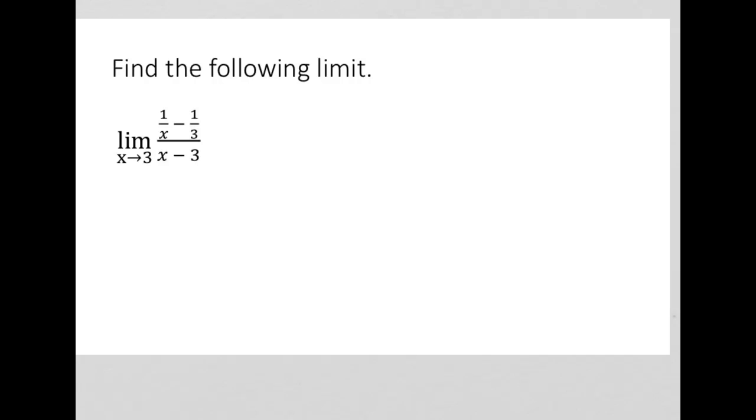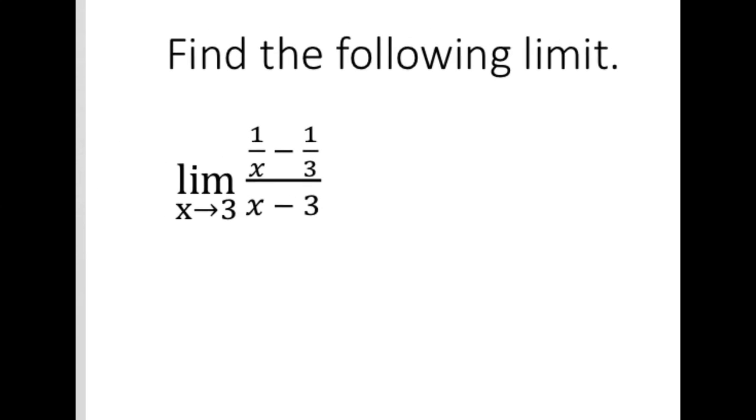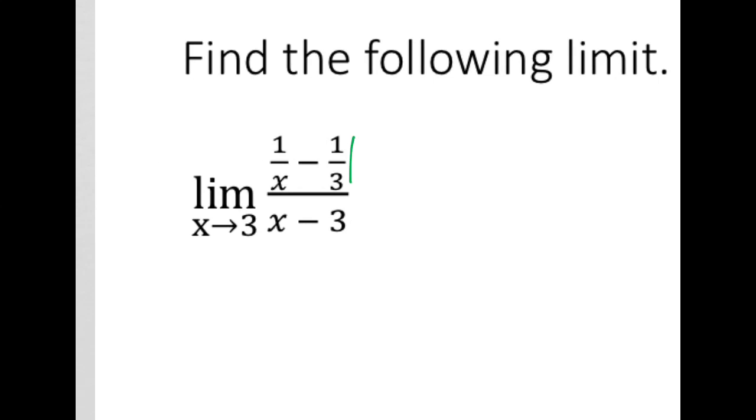So we have a limit problem here. Again, our technique for this limit problem is to find a common denominator by multiplying by the denominator of the other fraction over itself.